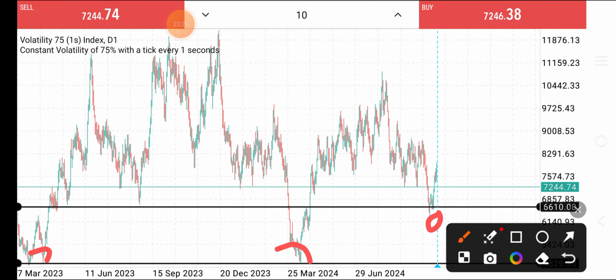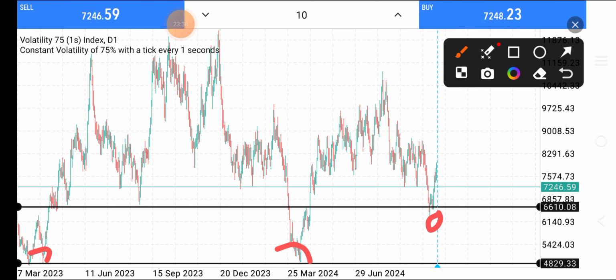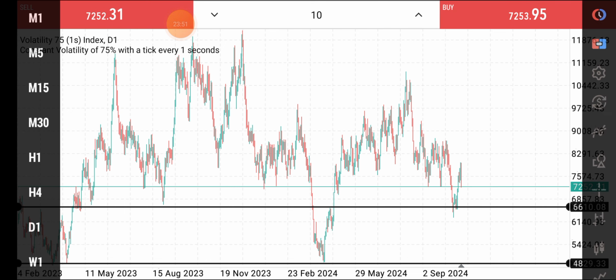It's actually contradicting what I said before, that it is a buy trend. But it can only be a sell trend if this market comes down again and breaks below this immediate low.